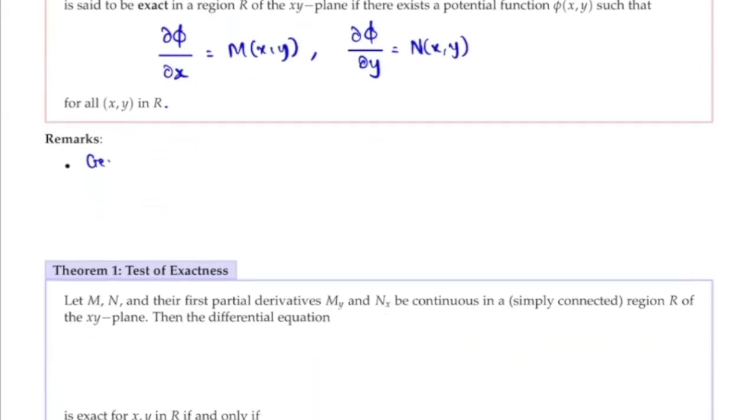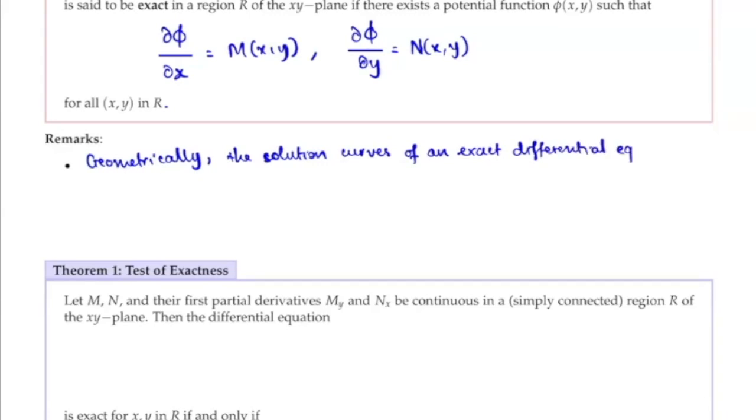Geometrically, the solution curves of an exact differential equation are the family of curves phi of x comma y equal to capital C, where capital C is a constant.